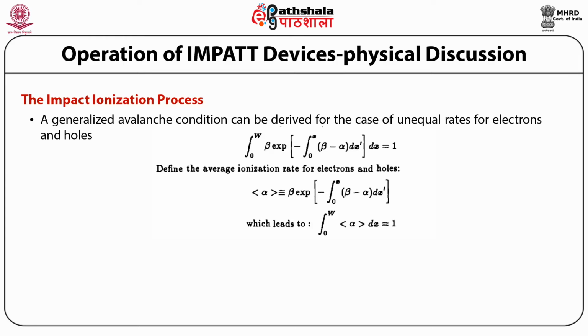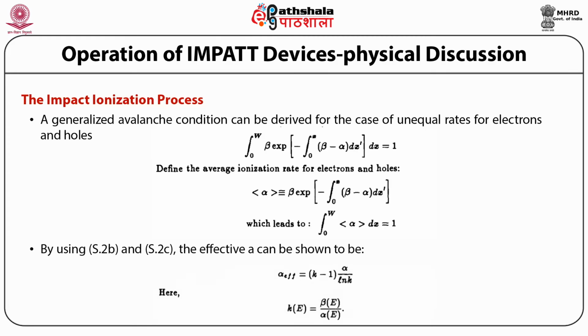So we define the average ionization rate for electrons and holes as alpha approximately equal to beta exponential to the power minus the integral of (beta minus alpha) dx prime, which leads to the integral from 0 to W of alpha dx, the average alpha, equal to 1.